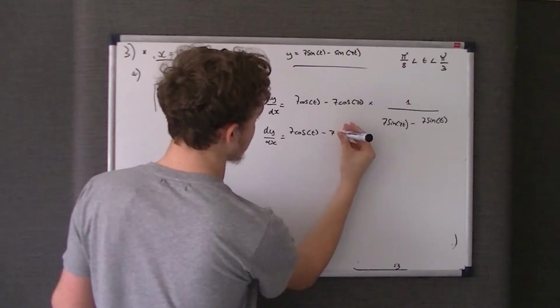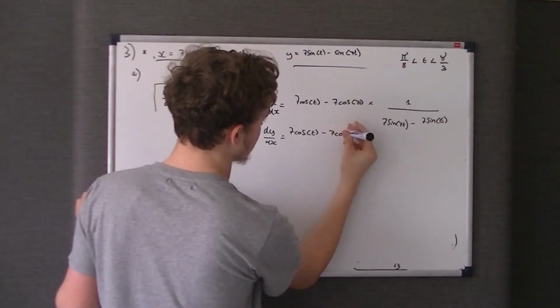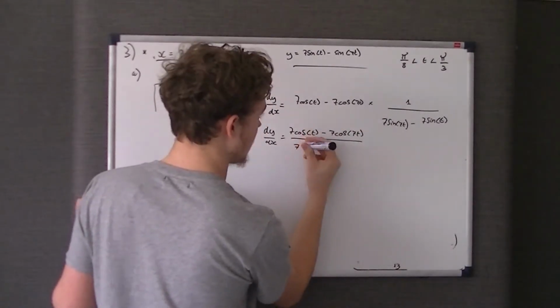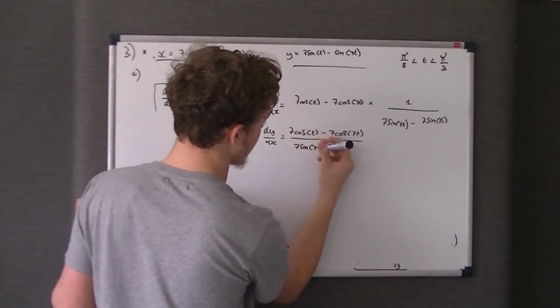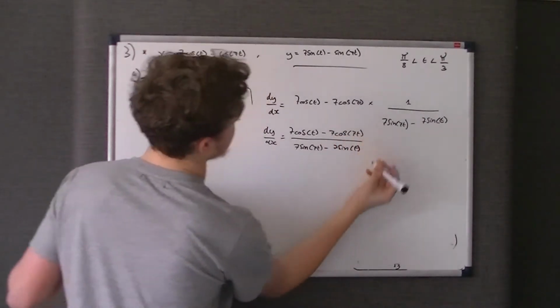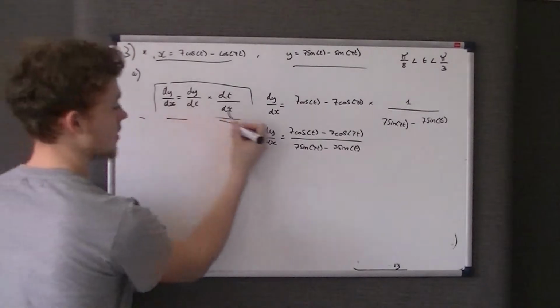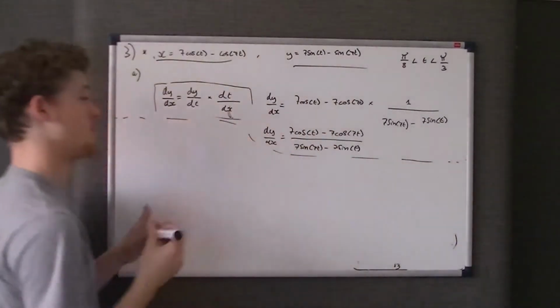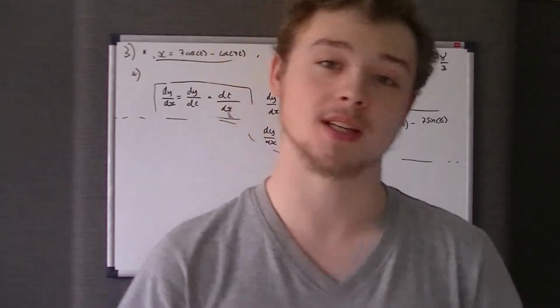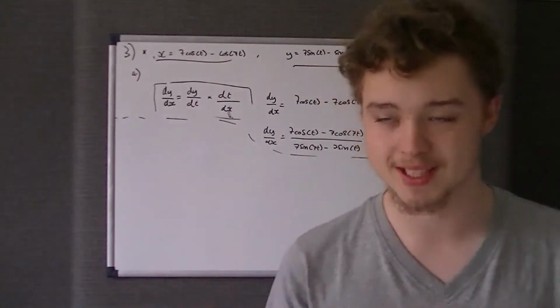So it's 7 cos t, take 7 cos 7t, all over 7 sin 7t, take 7 sin t. Now, as I said, the reason they said leave it in an unsimplified form is because we know sin over cos is tan, so cos over sin is cot, or 1 over tan.